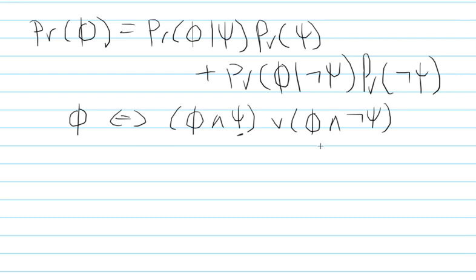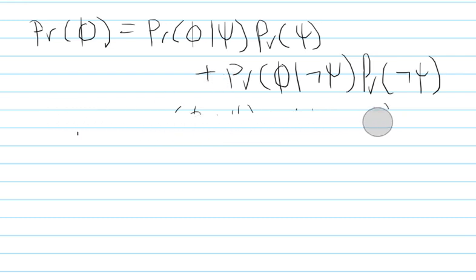That's because psi has to be either true or false, so either psi or not psi holds. Saying phi is the same as saying phi and psi or phi and not psi, because one of these two possibilities has to hold. I'm not going to go into detail about the justification now, because you can see that in the readings and the lecture. What I will do is show how we can apply this law to the question at hand.